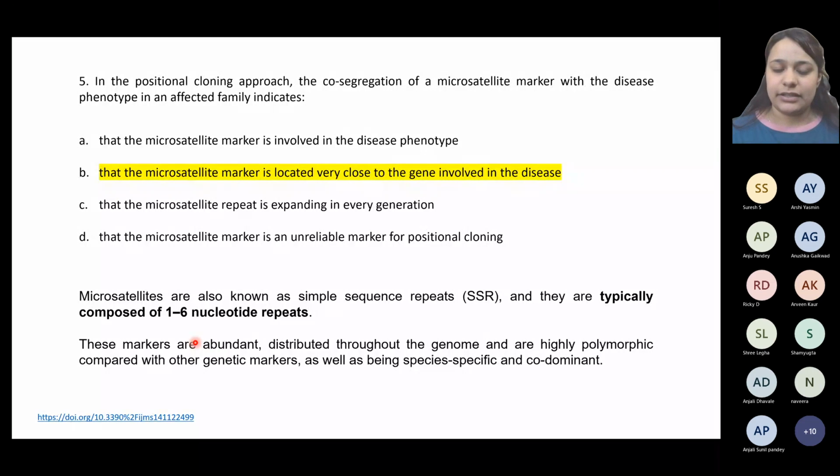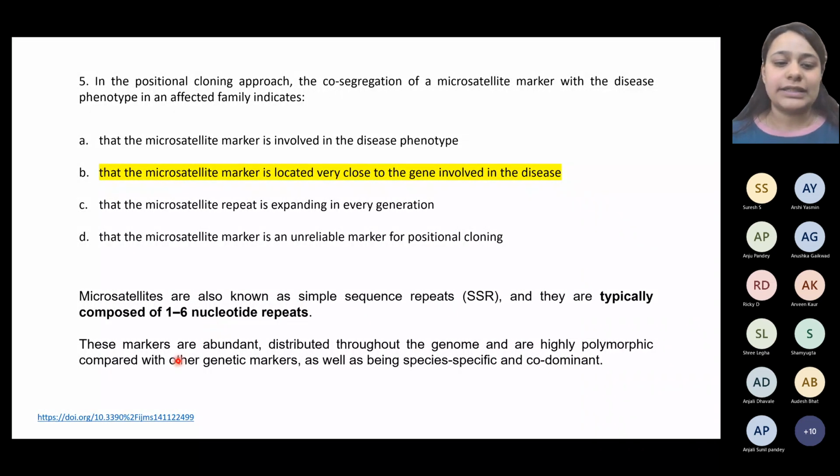It could be like this, two nucleotide repeats. It could again be ATT, ATT, ATT being repeated, right? So the same sequence is being repeated over and over again for a short stretch of DNA. So that is known as simple sequence repeats, right?